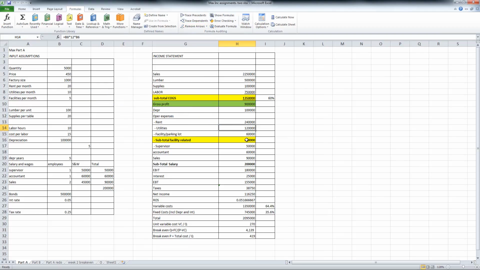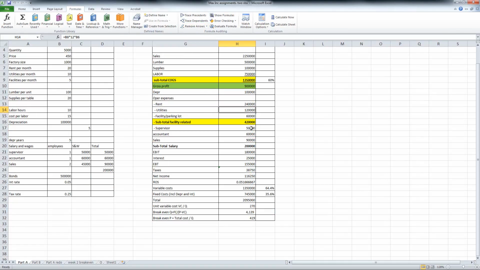Now we get into the staff, the accountant and the supervisors, etc. Here, again, I need to know what I am spending. On the left side, I basically said, okay, how many employees do I have for supervisor, accountant, and sales, how much we're going to pay, and then calculated the total cost on this side.